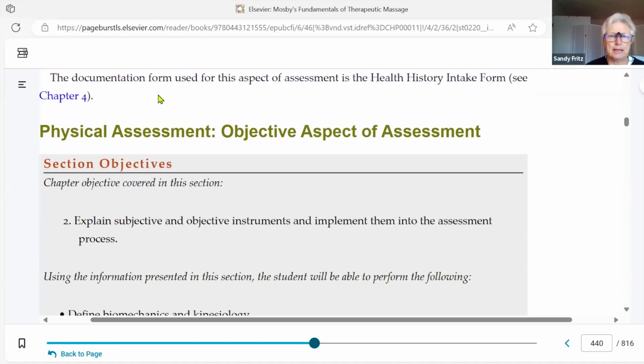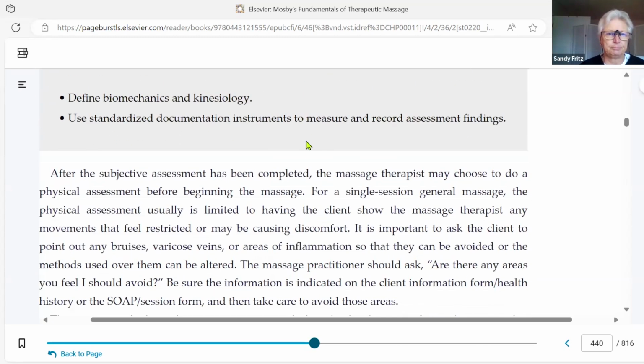Okay. Now we're going to get into some specific assessment procedures. And when we start doing this, we're now into the objective aspect of assessment. What can we measure? What can we see? That kind of information gathering.